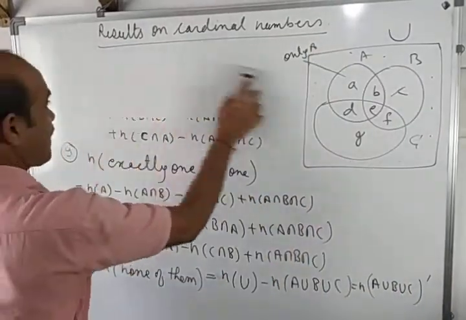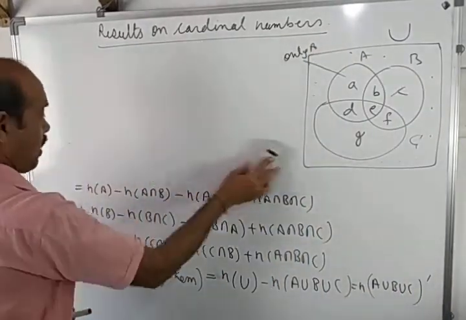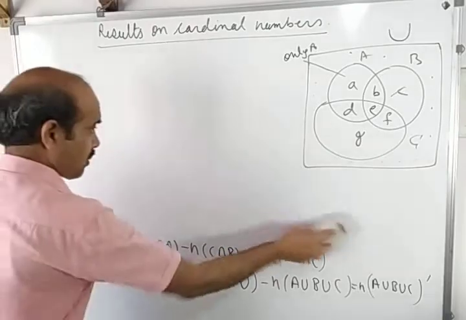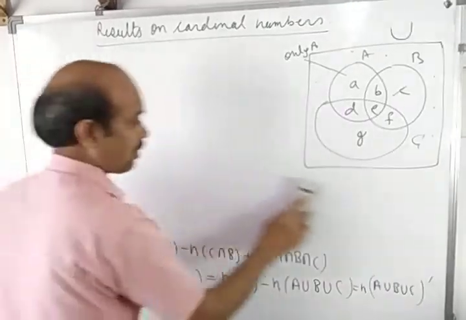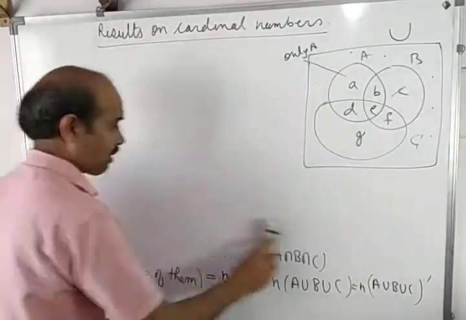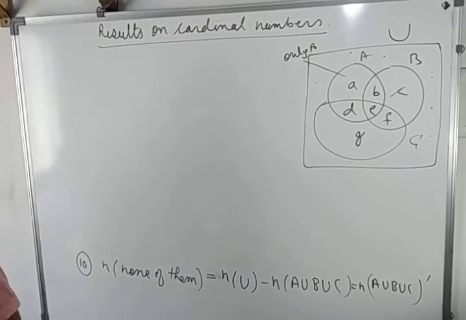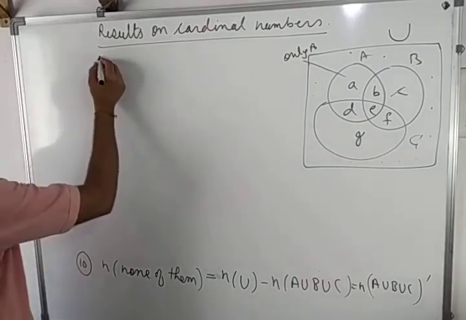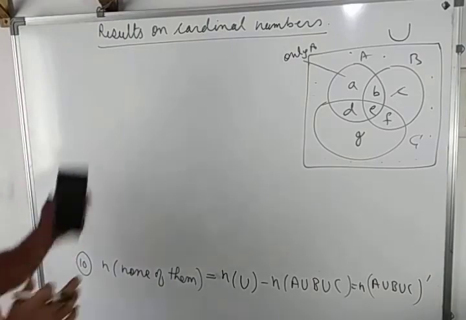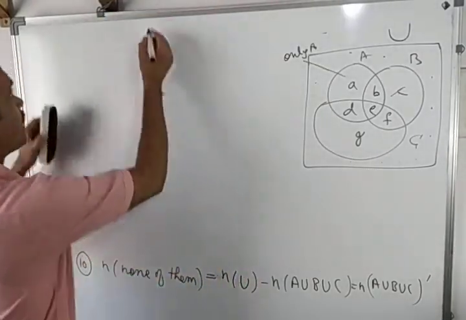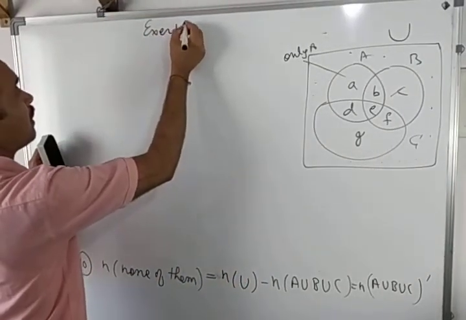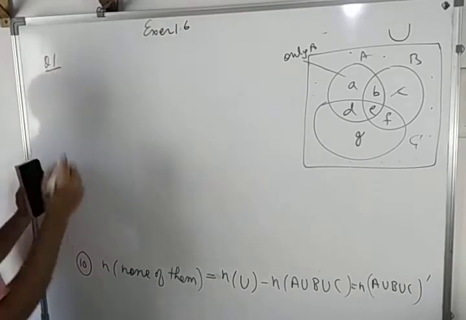Now see exercise number 1.6, question number 1. Out of a total of 7 questions in the 1.6 exercise, I think only 2 questions are there which we have to discuss, but 2 or maximum 3. So firstly I am discussing question number 1, which is very simple.